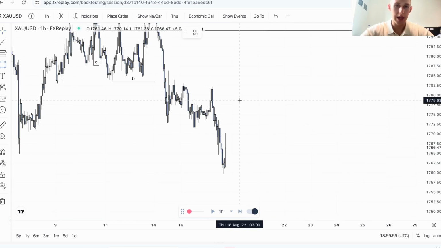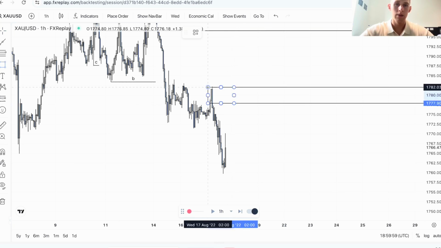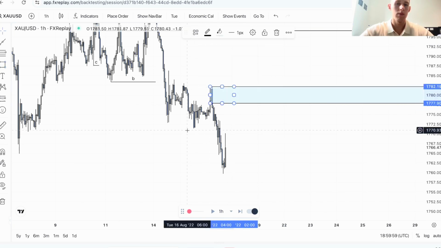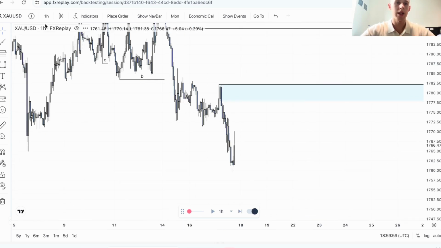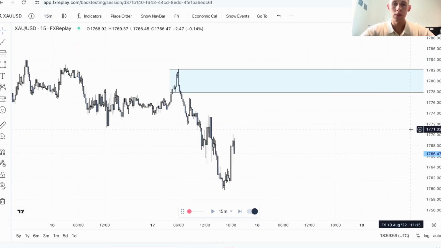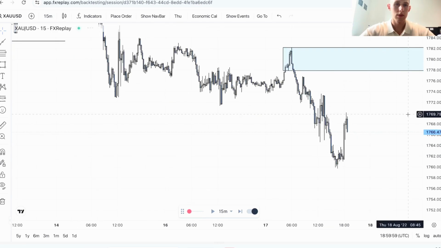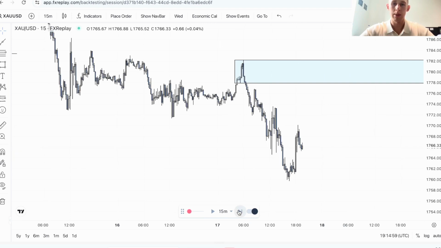Let's see what happens at this zone. So either this zone or it could come up and sweep this high. Those would be the two areas that I'd mainly look at. So let's see what happens here.